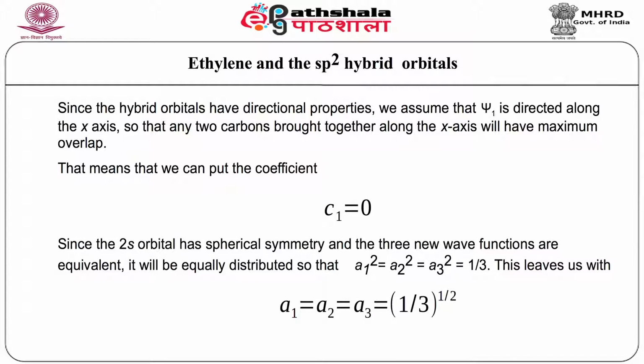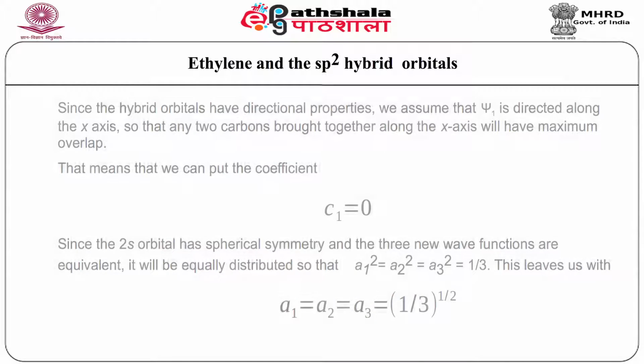Since the 2s orbital has spherical symmetry and the three new wave functions are equivalent, it will be equally distributed, so that A1 square equals A2 square equals A3 square, and that will be equal to 1/3. This leaves us with A1 equals A2 equals A3 equals square root of 1/3.